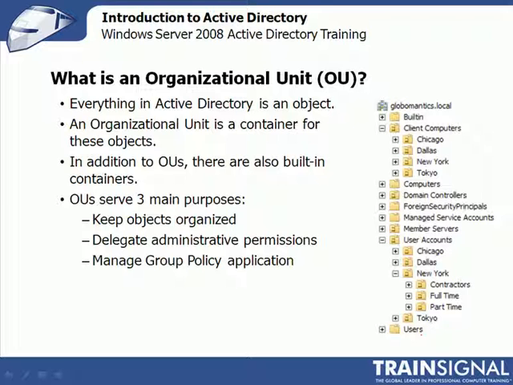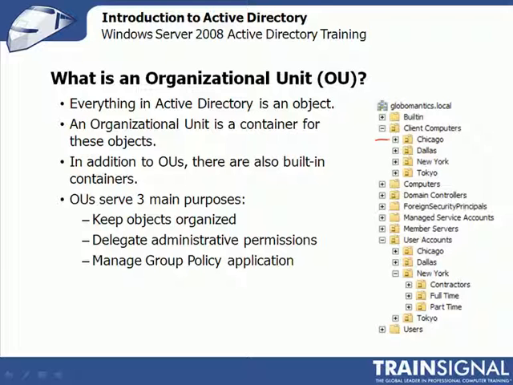So as a for instance, maybe I have a local IT person in the Chicago office who is responsible for desktop support for the Chicago computers. Then I may delegate some appropriate permissions to that administrator over the Chicago OU container, and then, of course, all the objects inside of it.